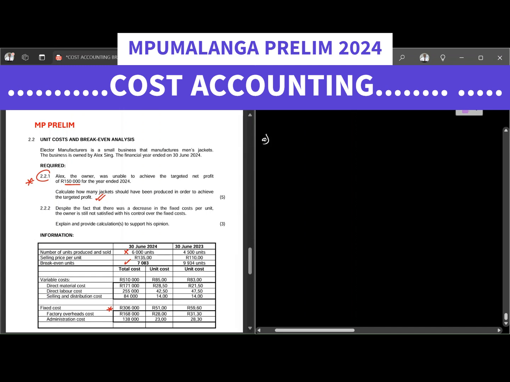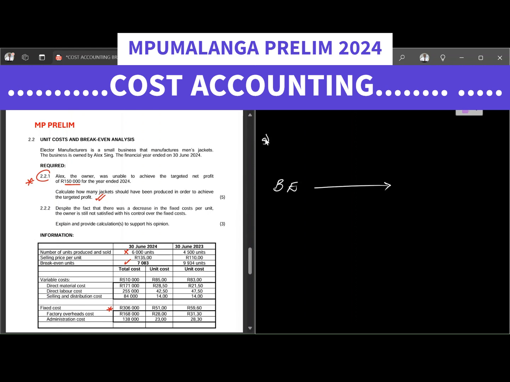The A method is a simple way to say, when I have achieved my break-even point, the break-even point that we have calculated is 7,083 units.